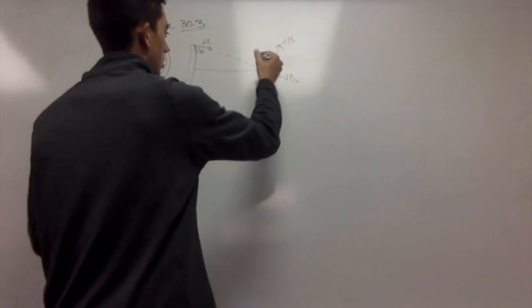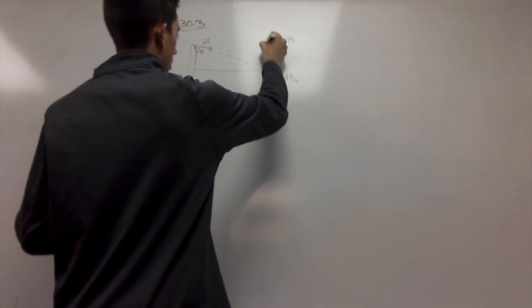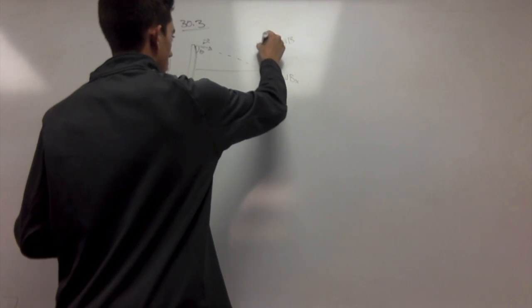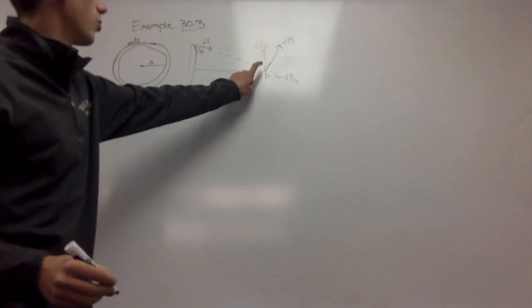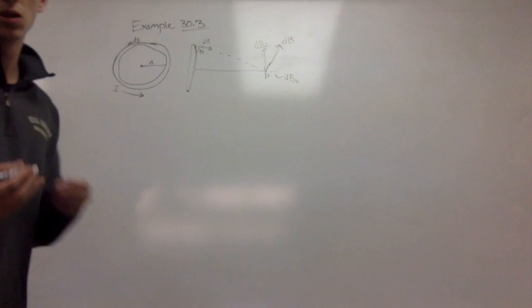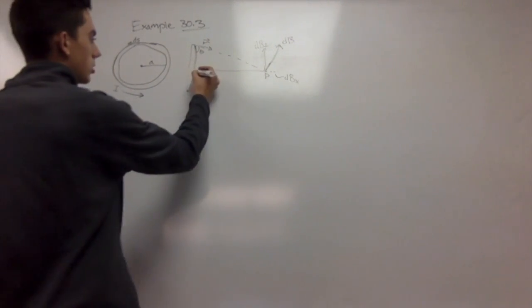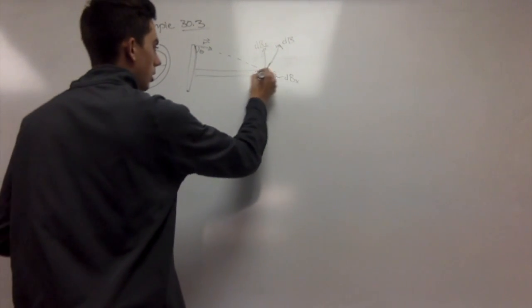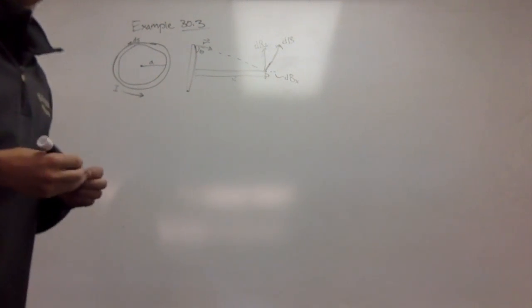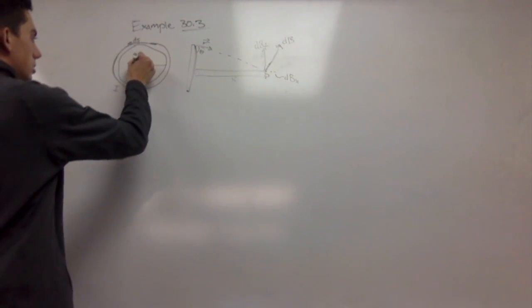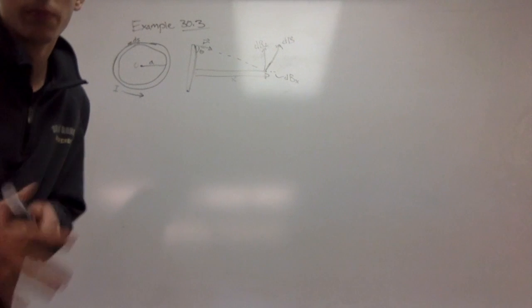This is dBx. This is our dB, perpendicular to P right here. This is also labeled as length x, and this point is point O.